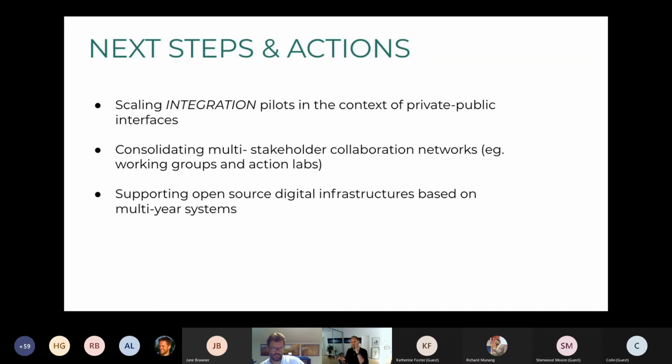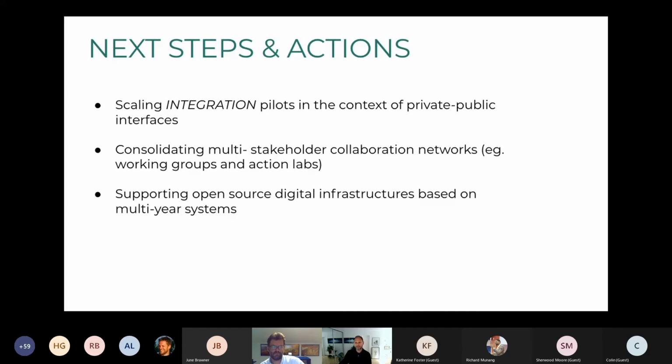Sometimes the pilots and the POCs that groups do are related to how this technology can be applied to this field, and that's the driver of it, just to explore it. However, it's very different if one tackles a pilot from the standpoint of what the ultimate system is that we need to achieve, and what is a fractal of it that already has all that integrated and connected. Those are the type of things, and particularly looking at the nuances of private-public interfaces.